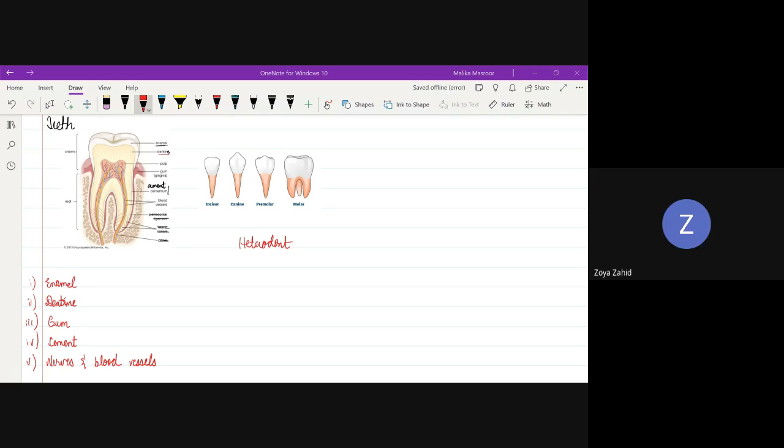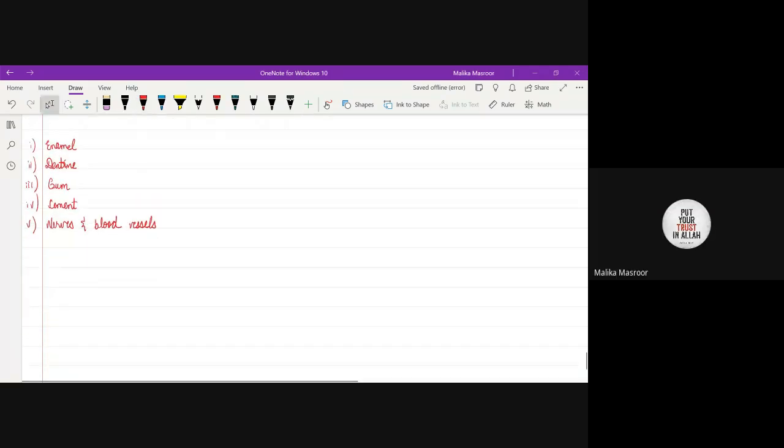Miss, can you repeat the uses of the different types of teeth? Sure, write it down. Incisors are for biting pieces of food. Canines are for tearing off meat and other food, because they're more pointy.